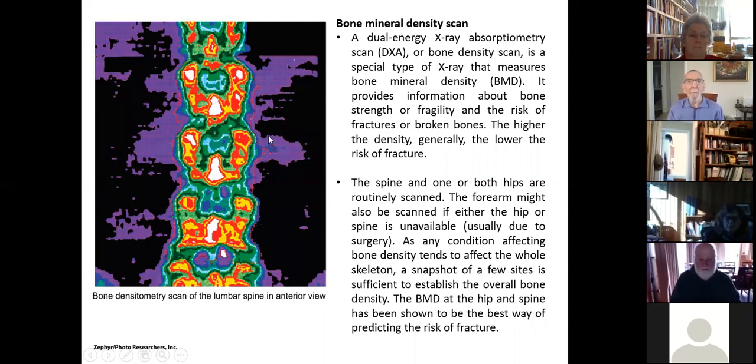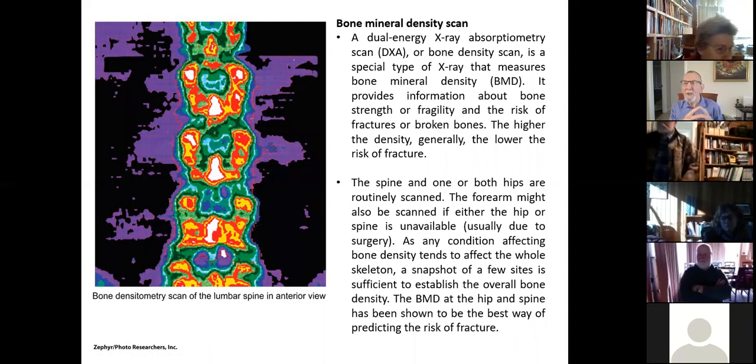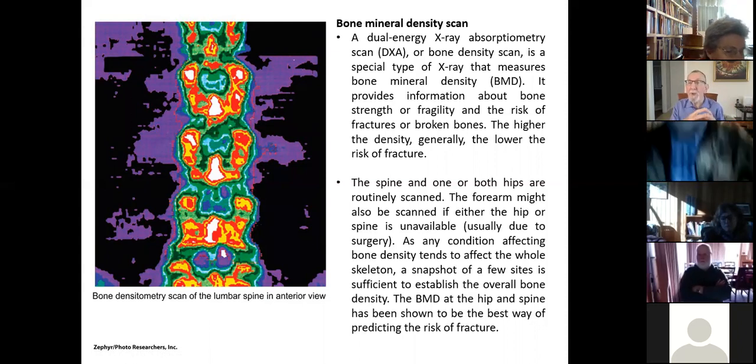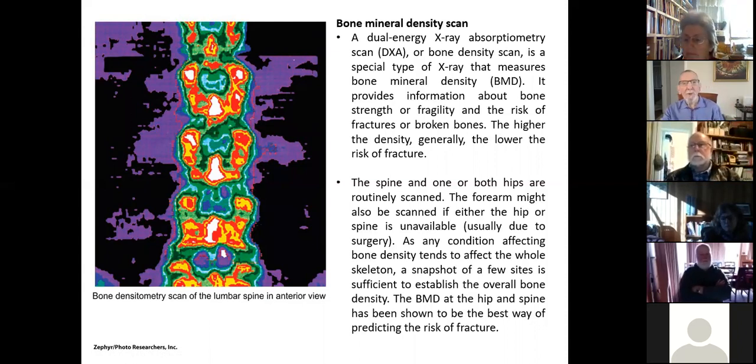And this would seem to be logical in real terms. So it is a special type of X-ray. It provides information on the fragility of the bones and whether, therefore, fracture is more likely to occur. So the greater the density of the bone tissue, the less likelihood there is of fractures.